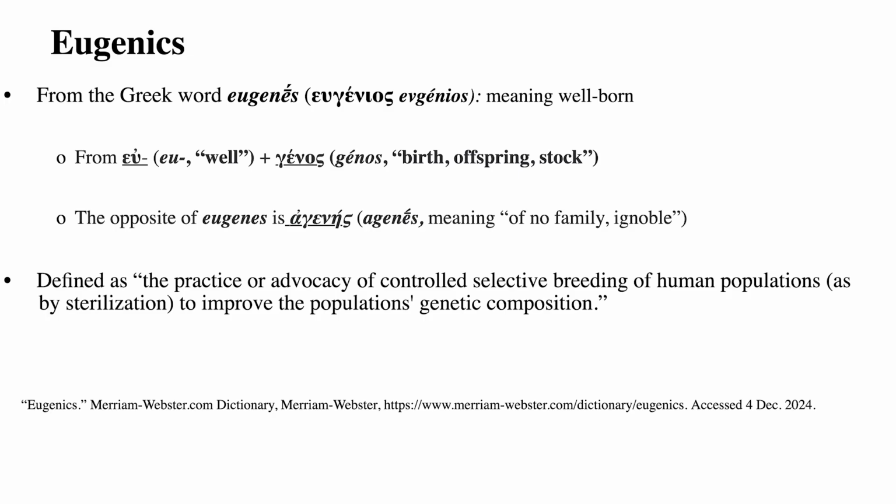I would be remiss if I didn't talk about eugenics. Eugenics is simply a word derived from the Greek, and it is defined as the practice or advocacy of controlled selective breeding of human populations, as by sterilization, to improve the population's genetic composition.